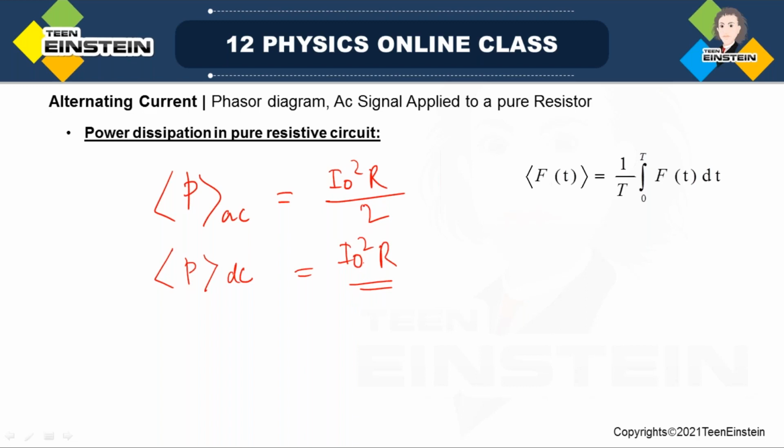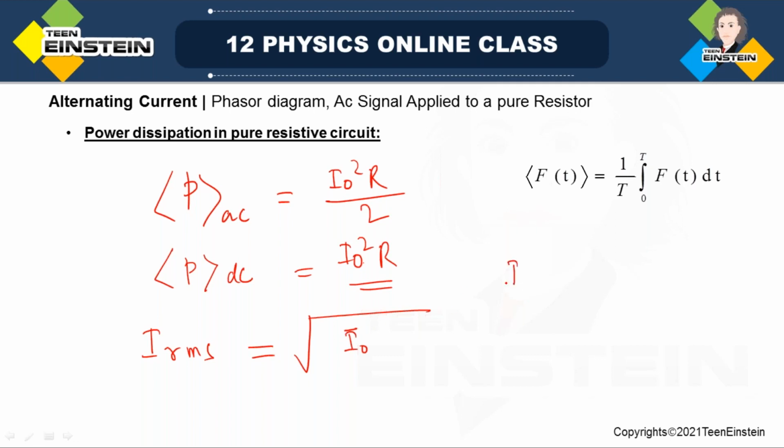Just to keep the similar expression, we'll be defining a current, that is RMS current, root mean square. That means square, mean, root.